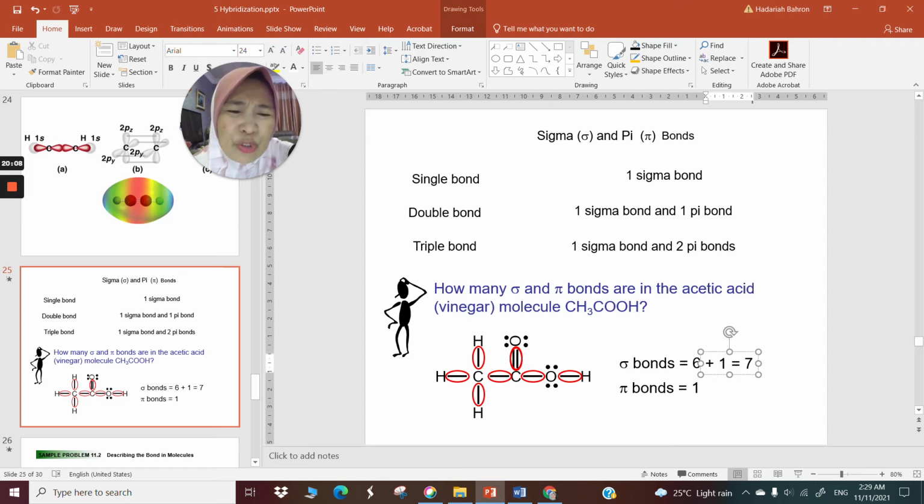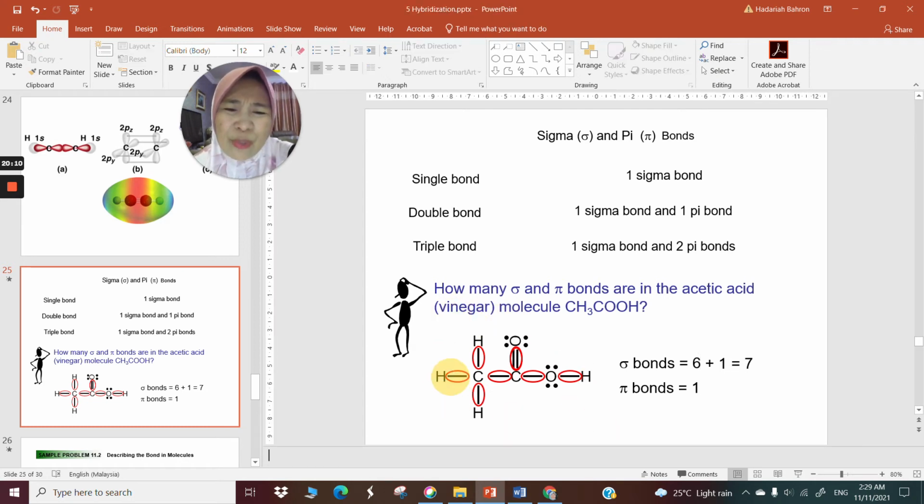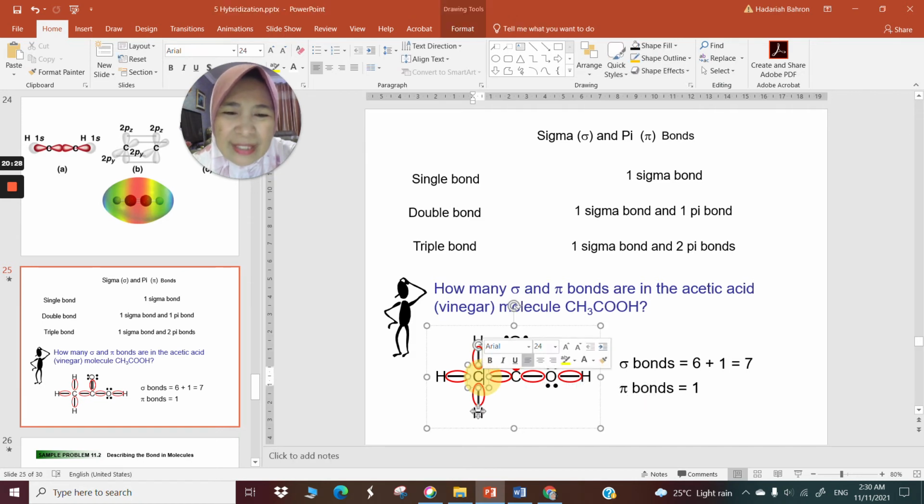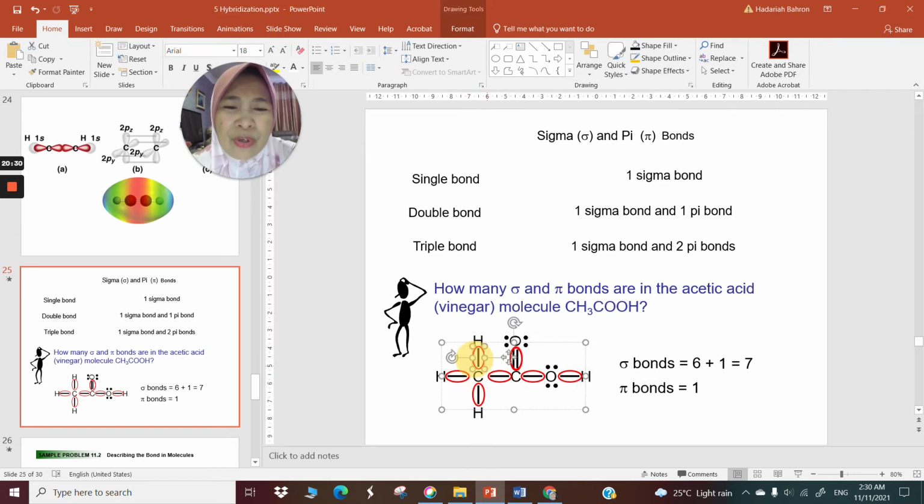For you to be able to answer this type of question correctly, you have to be able to draw the Lewis structure properly. Through that, we can determine the hybridization of each of your central atoms. Looking at this central atom, you see 4 bonds, so it has to be sp3.